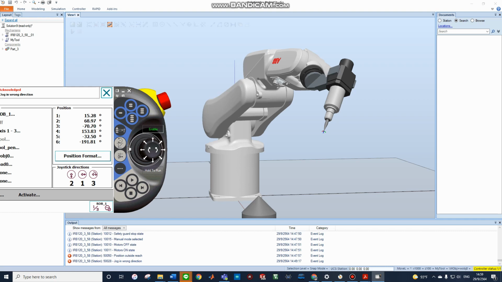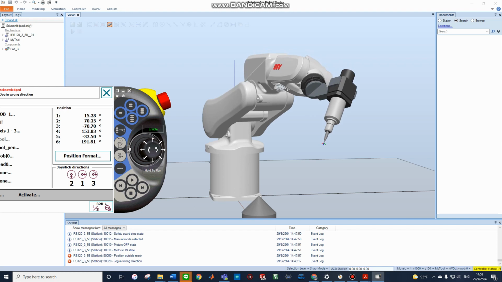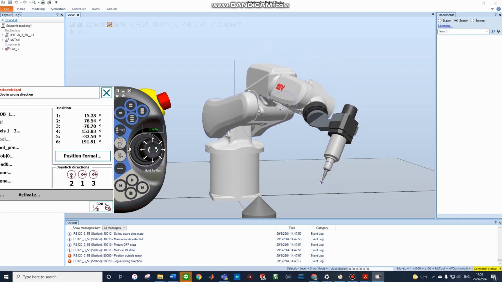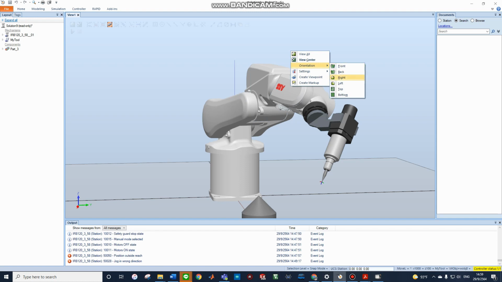The second is the robot will move up and move down. In these two axes, and axis 3 has this arm. I will show you.